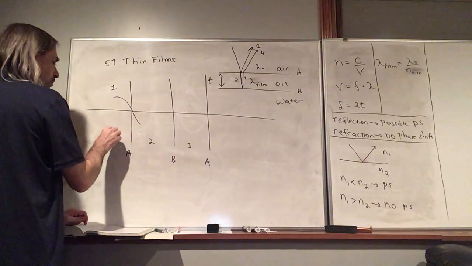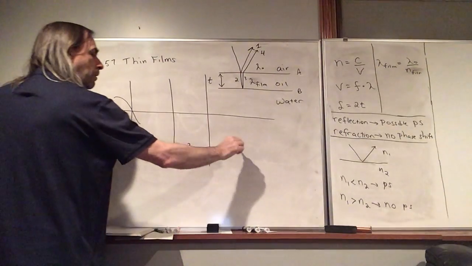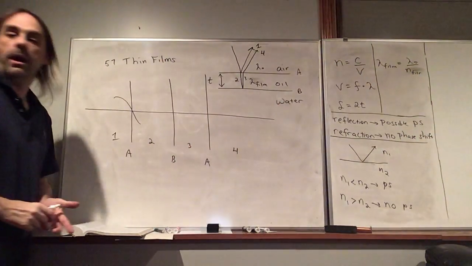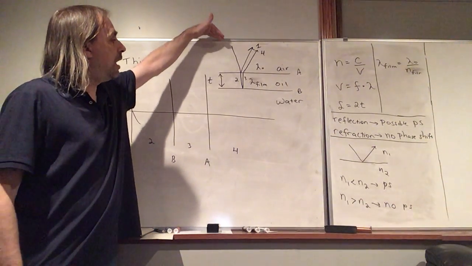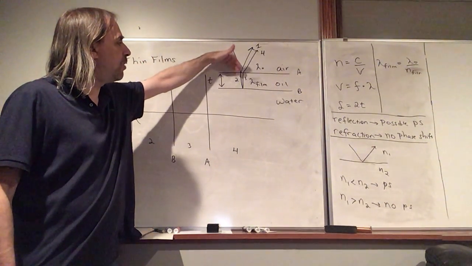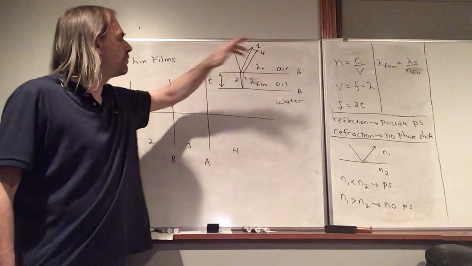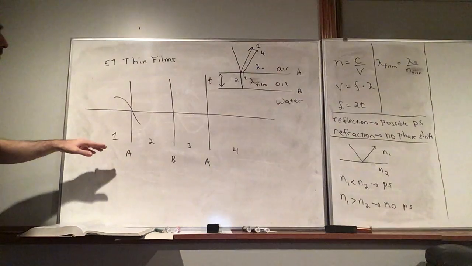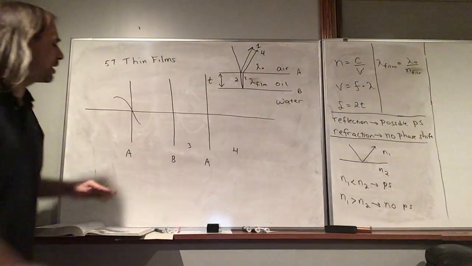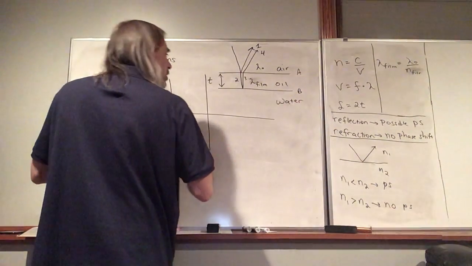Here, let's do it like this. Okay, so again, let's just take this ray. We're considering this segment to be segment 1. Oh wait, maybe I should come up with yet another way to do it. Let's use lowercase letters. I want to be clear.